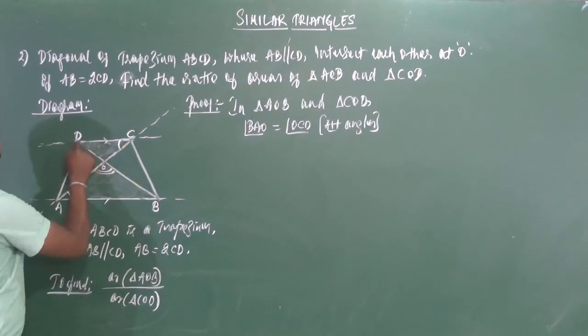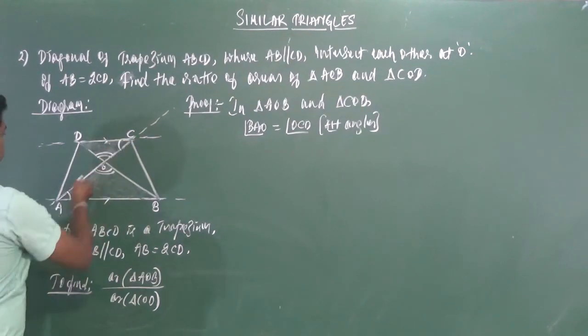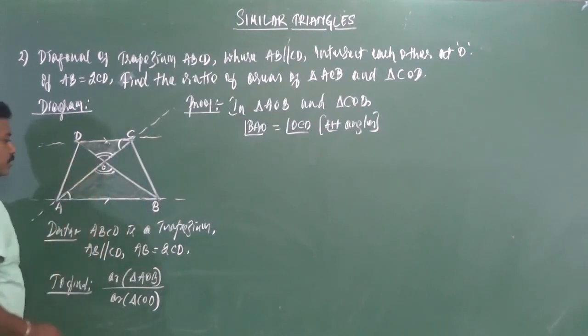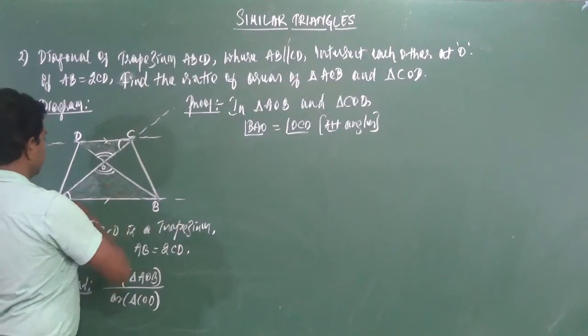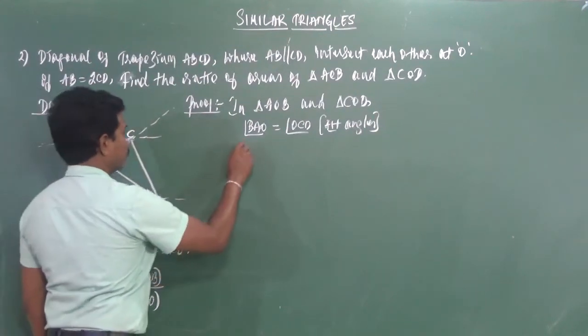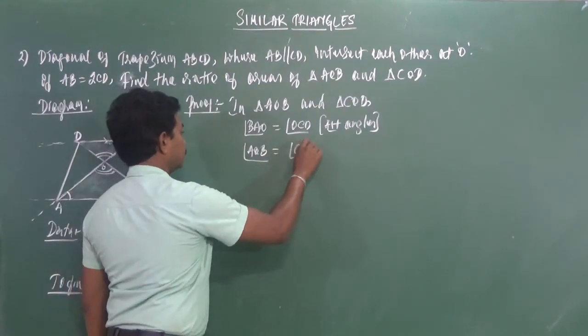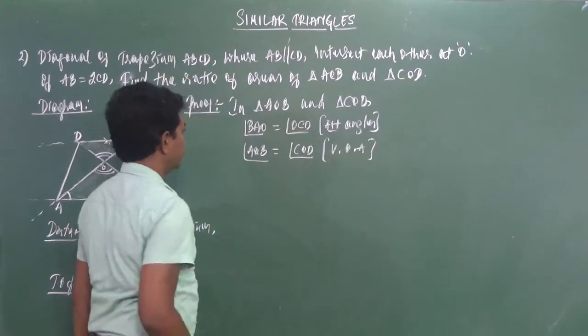Angle AOB is equal to angle COD because they are vertically opposite angles. Here AC and BD are two straight lines which intersect at point O, so the two diagonals can be considered as two straight lines. So angle AOB is equal to angle COD, vertically opposite angles. You have to write the full form here.